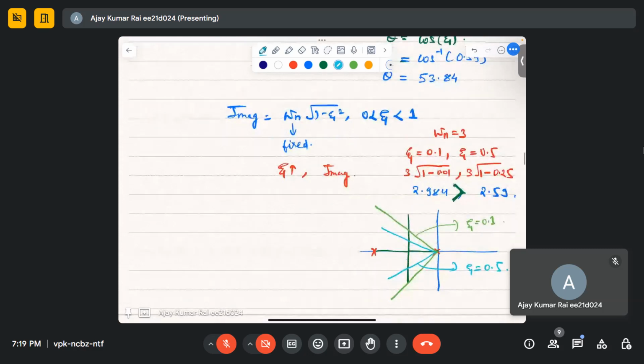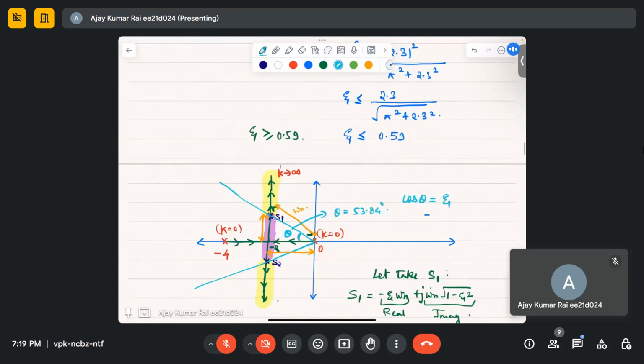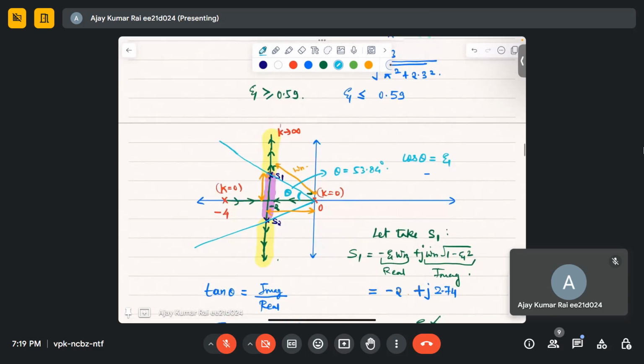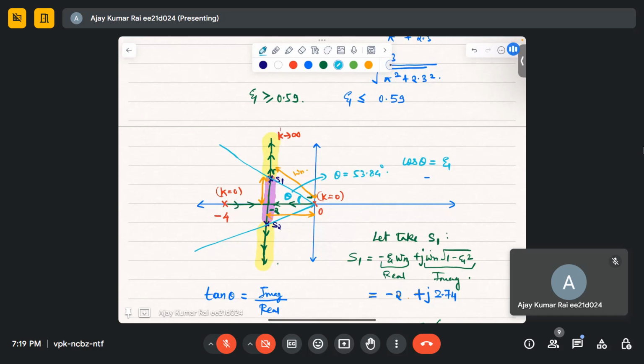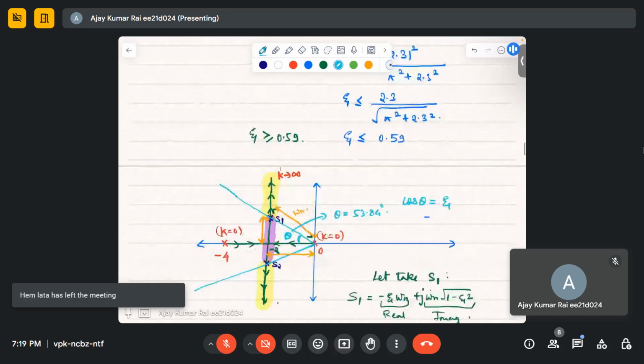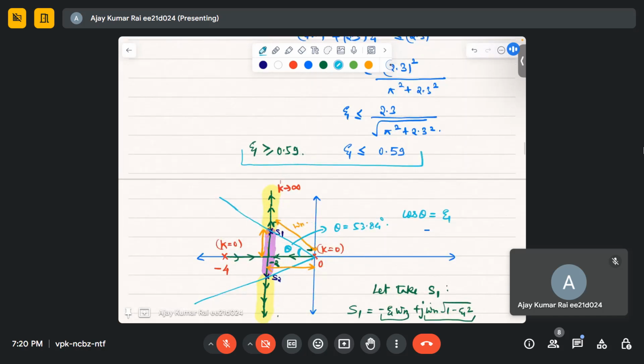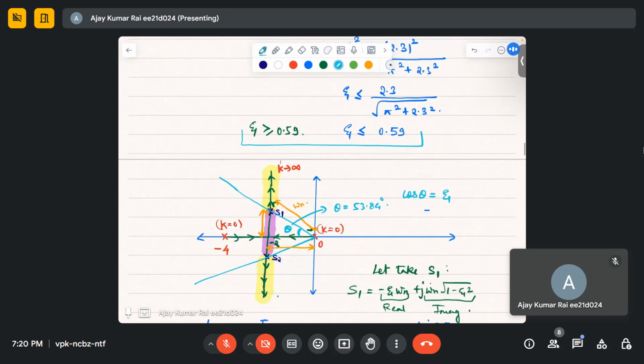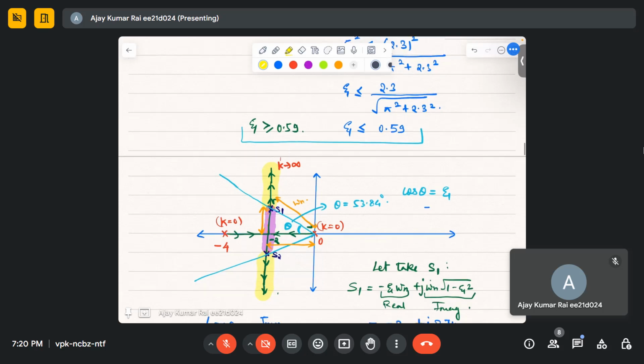For our case here, we are talking about these two cases, right? I am doing this discussion because of these two cases. What should be the sign? If zeta is less than or equal to 0.59, then it will follow which portion from our discussion?